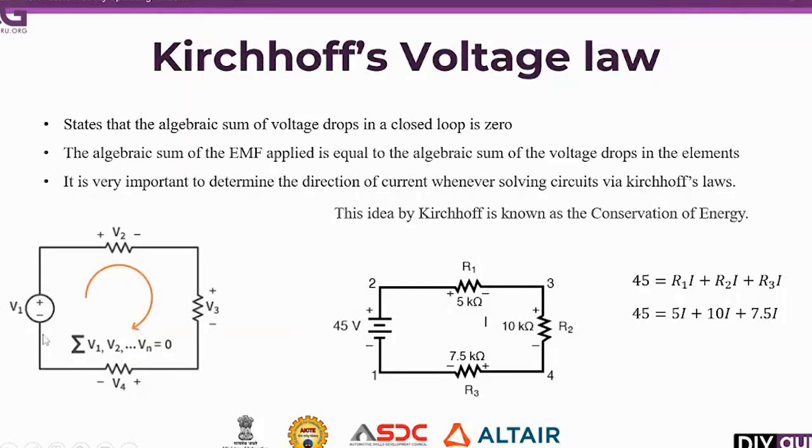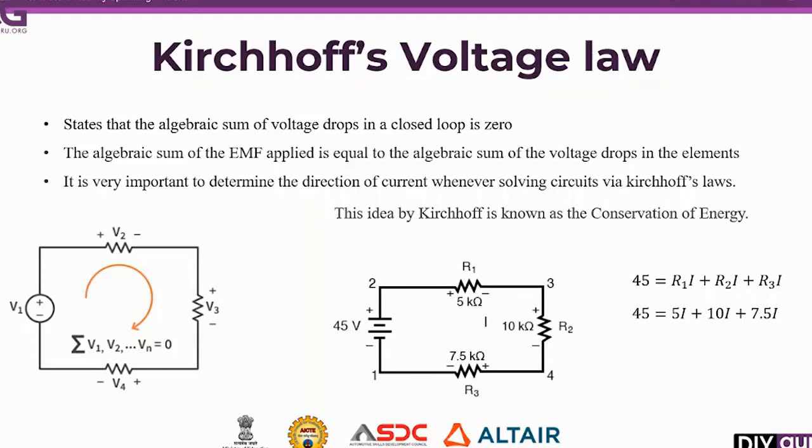See, this is the source, we have V1, and here one resistor, and another resistor here. The voltage drop across this resistor is V2 and the voltage drop across this resistor is V3. Voltage drop is nothing but the current times the resistor, which gives the drop across the resistor.